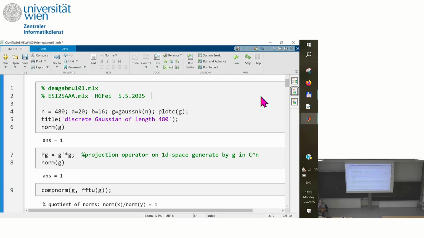And in order to show the effect of different time and frequency lattices, I'm choosing, of course, divisors. So I have discrete subgroups with lattice constants 20 and 16. That gives me a lattice, I don't show it, with 720 points, which is a redundancy of 3/2, a very simple redundancy. So it's 1.5 times as many Gabor values compared to the signal length.